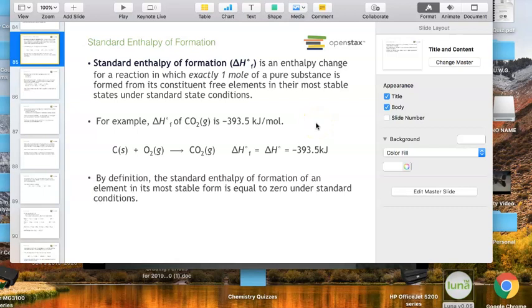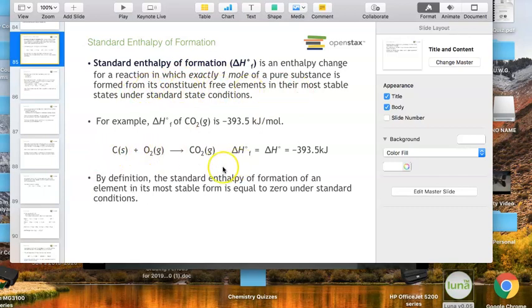For example, the standard enthalpy of formation of carbon dioxide is negative 393.5 kilojoules per mole. Here we have carbon and we have oxygen, pure substances that are coming together to form a compound, which is basically the definition for standard enthalpy of formation. You have a pure substance formed from its free elements.